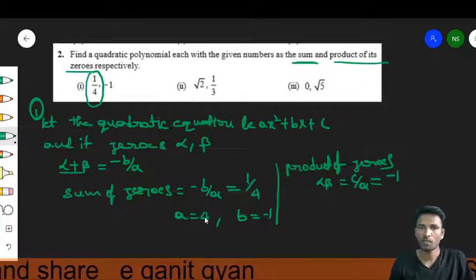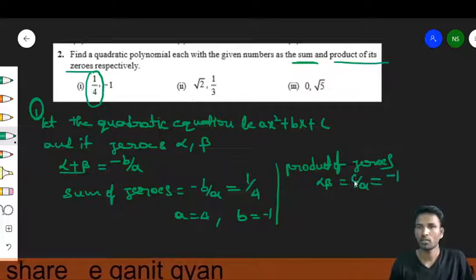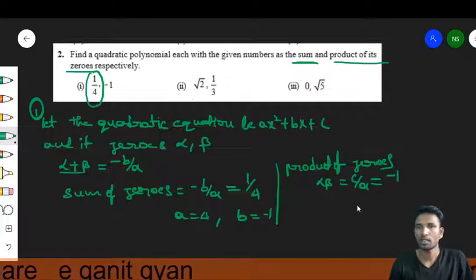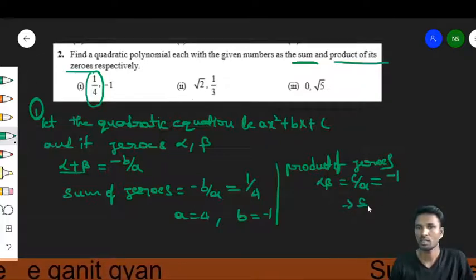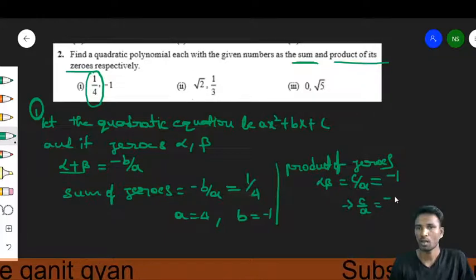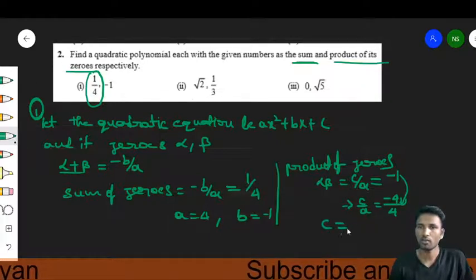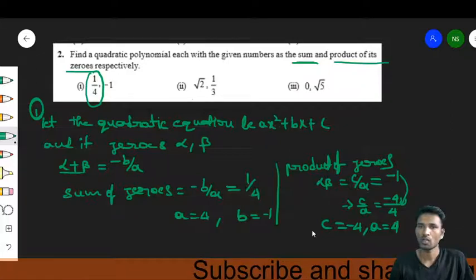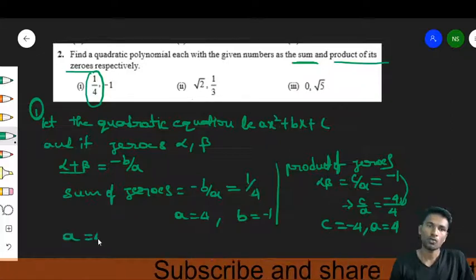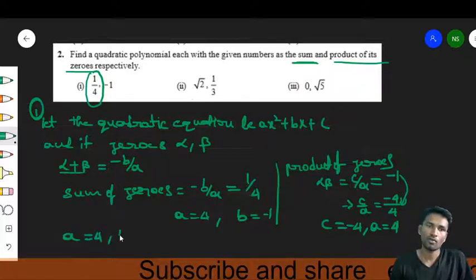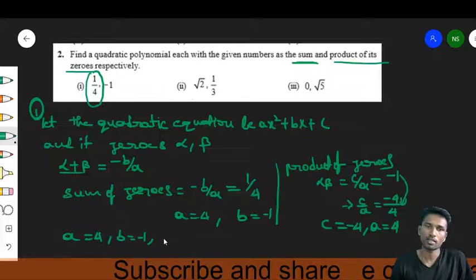Actually I know a value 4. So what will be the c value? This I need to convert like this. C by a is equal to -4 by 4, -1 I can write like this. Then I can find c value as -4 and a value as 4. So I got here a value 4, b value -1 and c value -4.